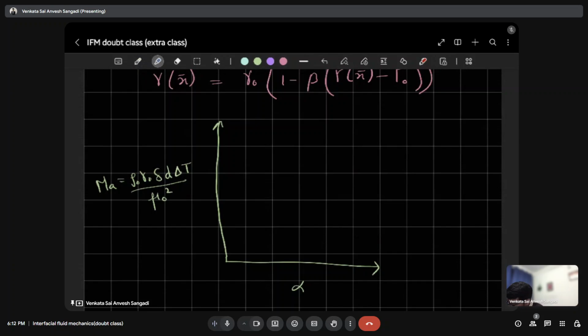What is of importance for us here is this gamma naught term. We know that the curve for a constant Nusselt number looks like this. Nusselt is equal to constant, and the curve basically divides the area into unstable and stable regions.